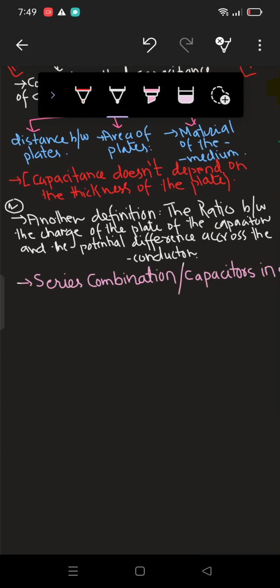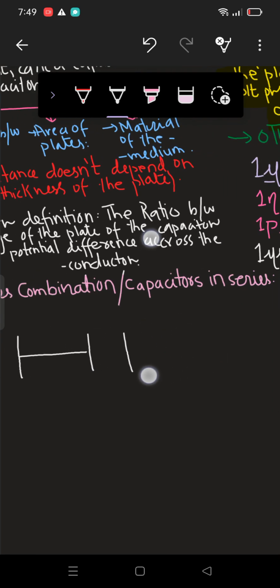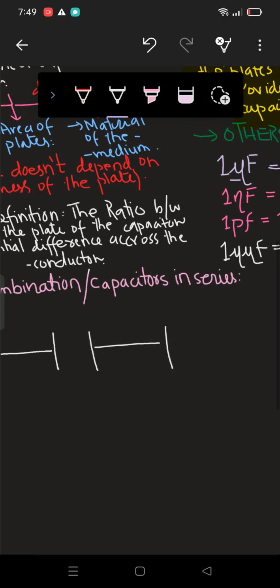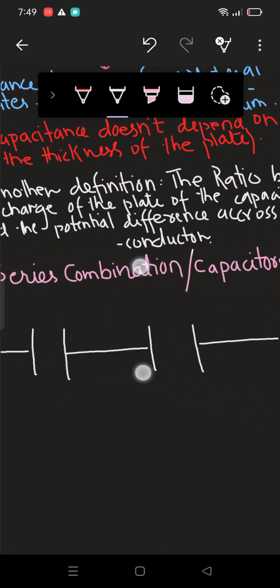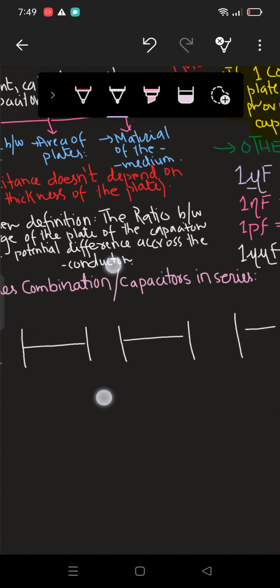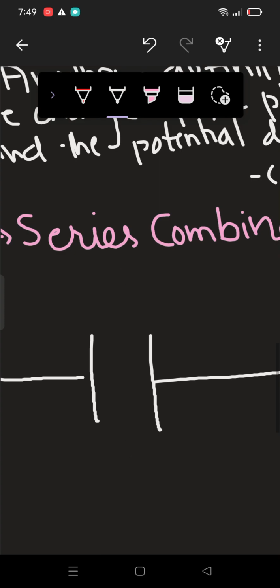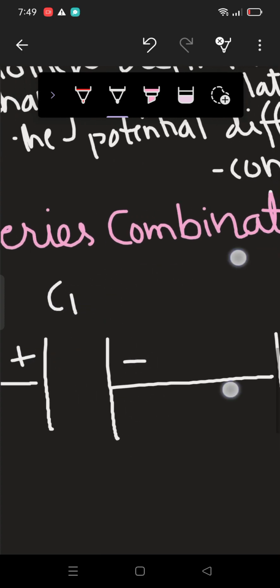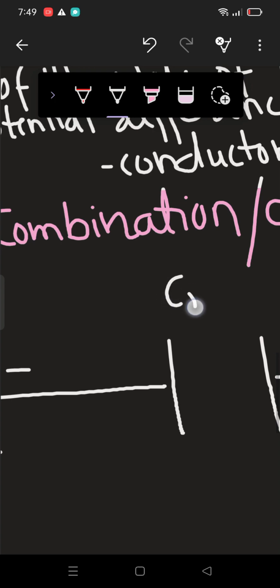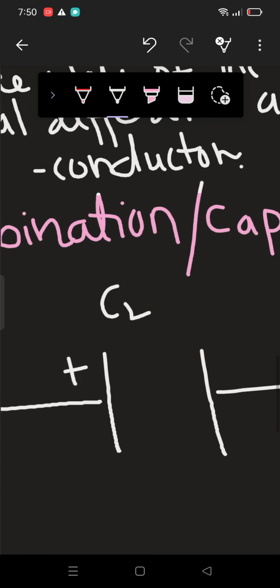So let's connect three capacitors in a single path, right? Suppose this is a path and here I am connecting the capacitors. So basically this is C1, this is the positive plate of the capacitor, this is the negative plate of the capacitor. This is C2, positive plate and negative plate.